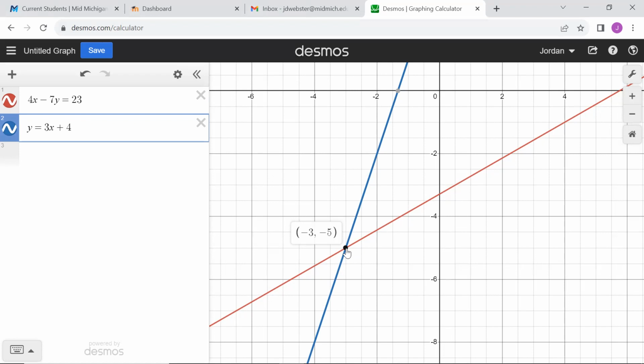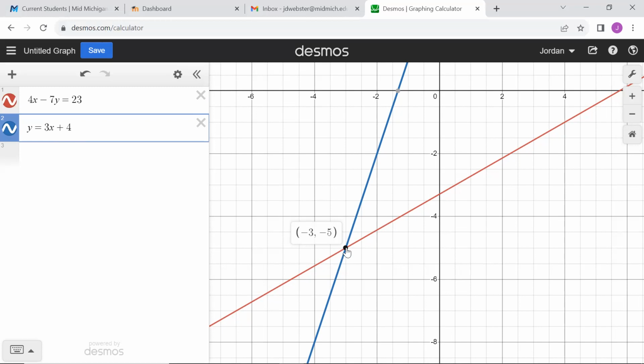Now, if you did this by hand, you would simply graph the line 4x minus 7y equals 23 by hand, and graph y equals 3x plus 4 by hand, and then observe that (-3, -5) is where the two lines intersect.